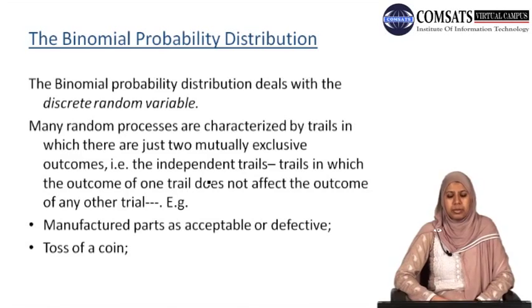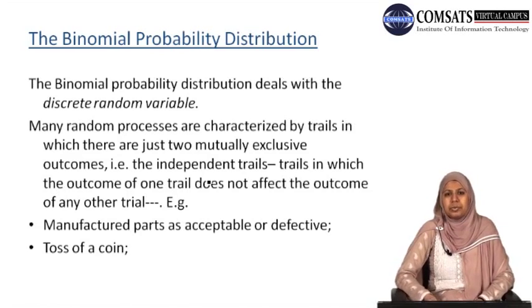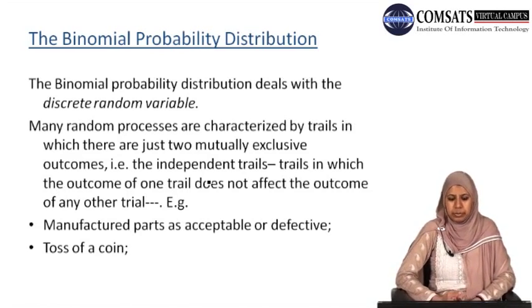For example, manufactured parts may be referred to as acceptable or defective, and if one part is manufactured defective, it has no effect on the next part. The next part may be defective or may be acceptable.